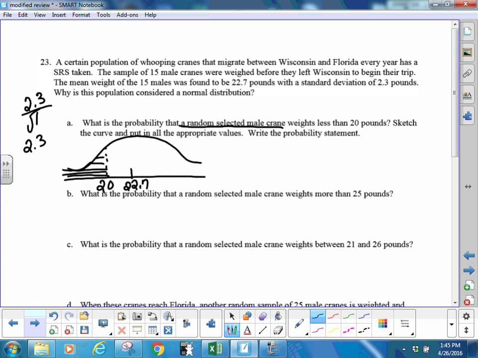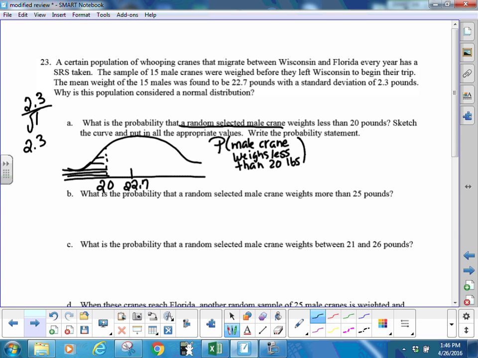We okay with the sketch part? Now we're in our probability statement. So I'm going to write my probability statement this way. Probability, male crane weighs less than 20 pounds.